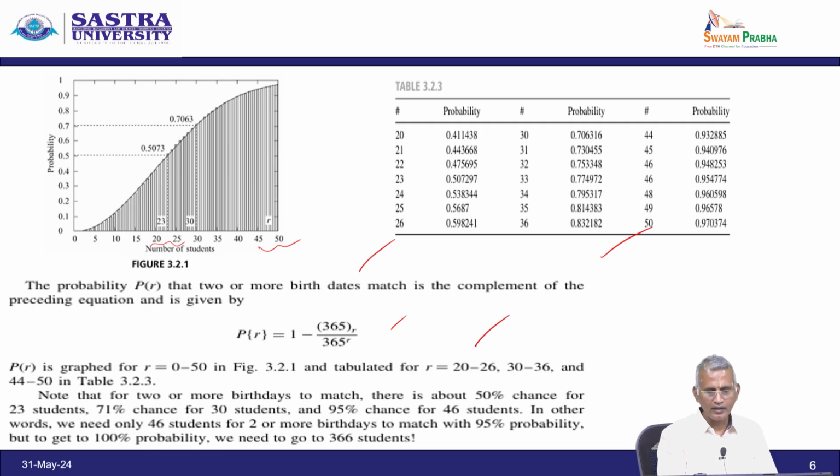Here there is a 50% chance for 23 students, 71% chance for 30 students and 95% chance for 46 students. In other words, 46 students for 2 or more birthdays to match with 95% probability, but to get 100% probability we need to go to 366 students, because we have 365 days corresponding to the birth date fixed.